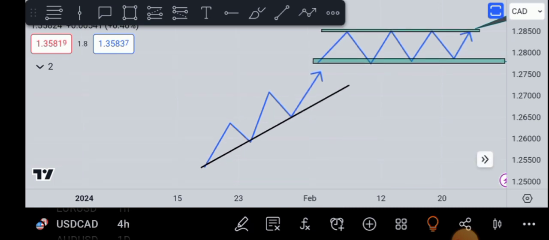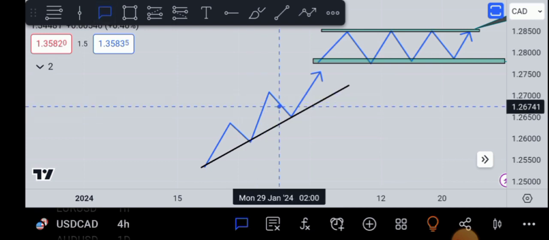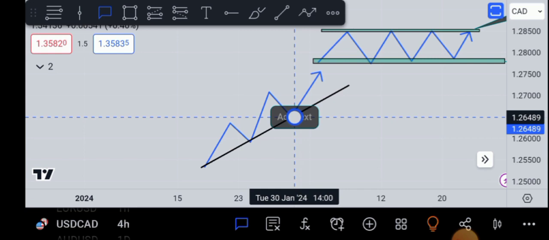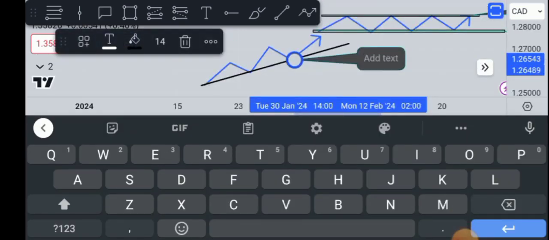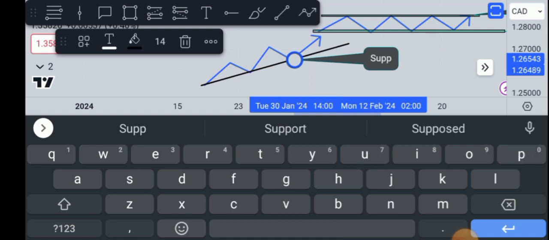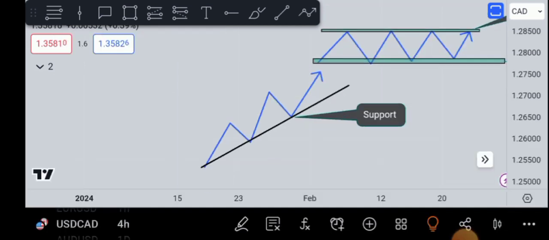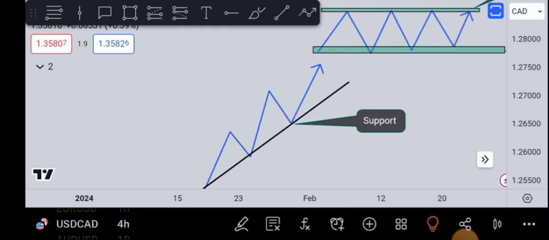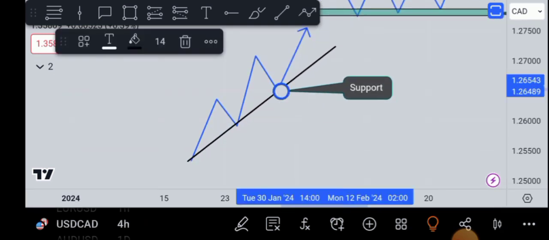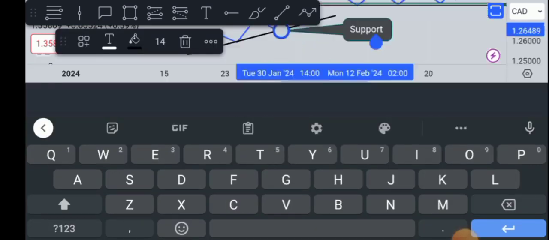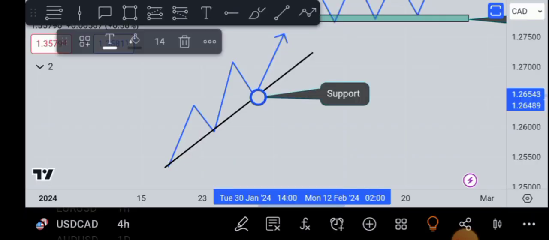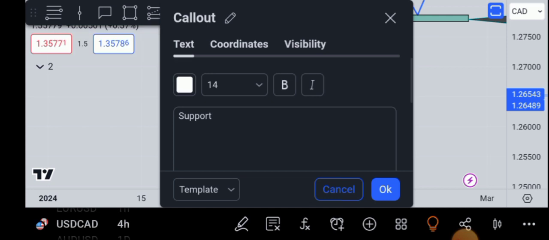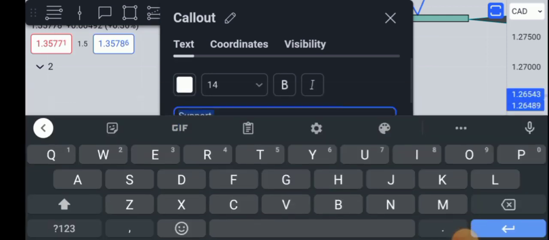This is what we term our support. Why? Because price keeps moving above this place and fails to break below it, so we call this our support. Let me retitle this, sorry about that: our dynamic support.